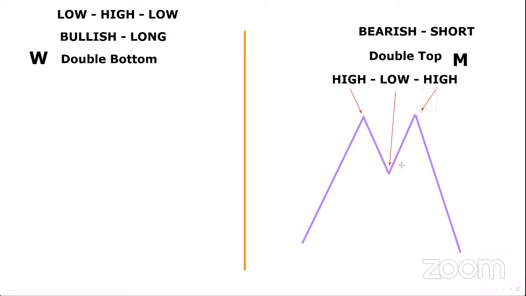And between these 2 levels, between the high and high, there is a low. Just below the low, you must draw a horizontal line that looks like this. Okay, and this is gonna be your entry point. After the breakout of this level, you can go short. See?